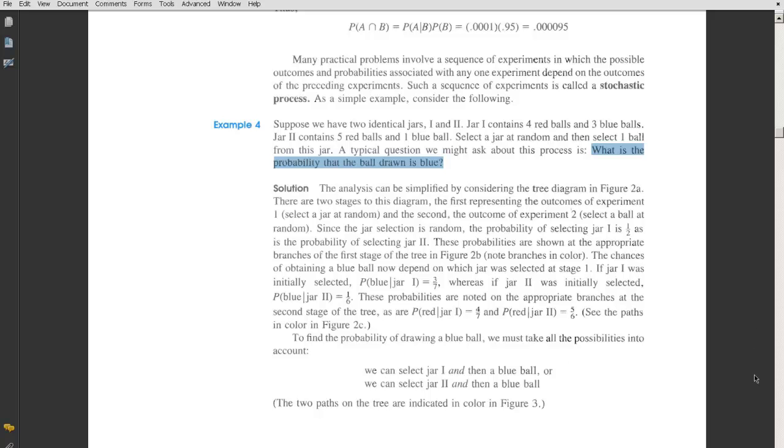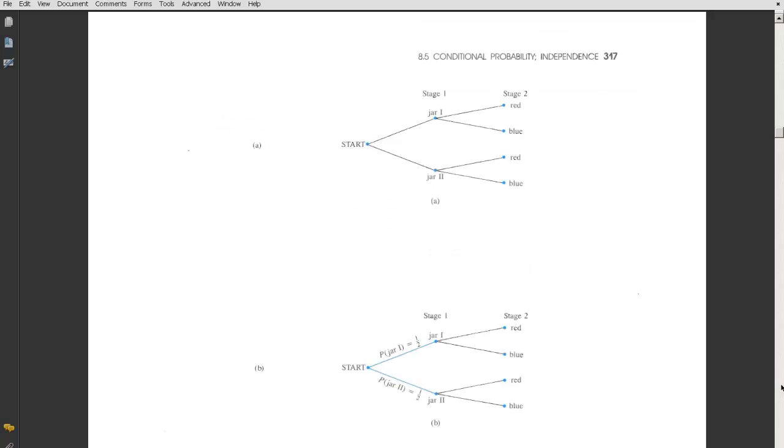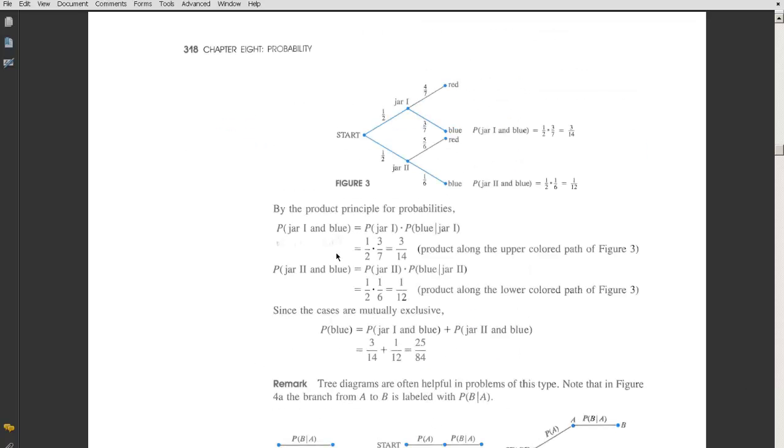So let's see that. We want to find the probability. Okay, now they just wrote the probabilities. They didn't write the notation like they had before. But anyway, it was a half and 4/7, a half and 3/7, and so on. So the probability of getting blue this way is this times this, because this is the probability of jar 1 and blue.